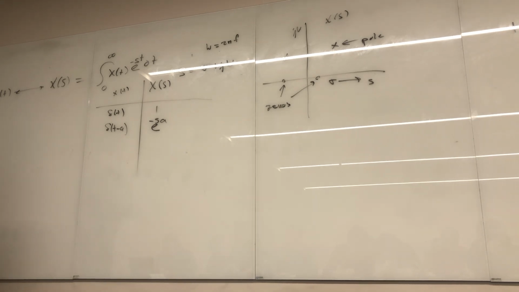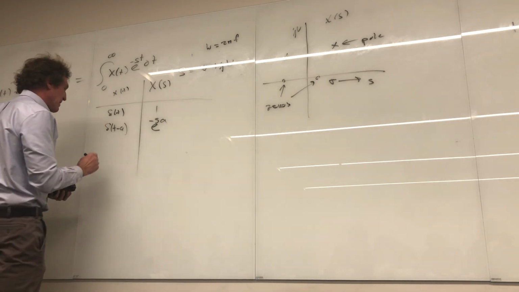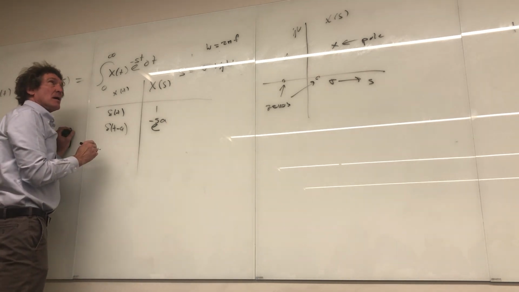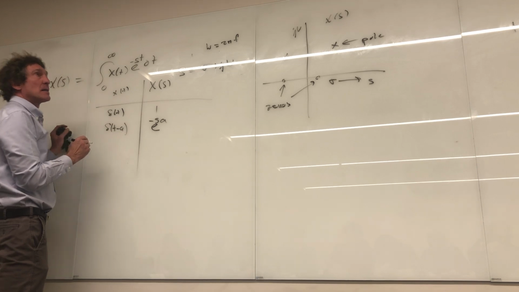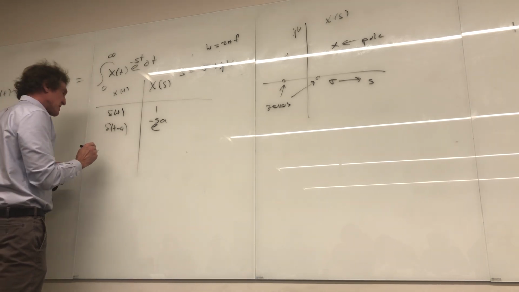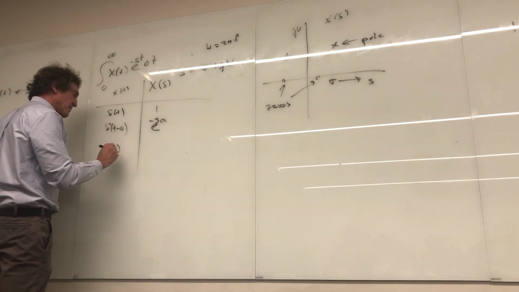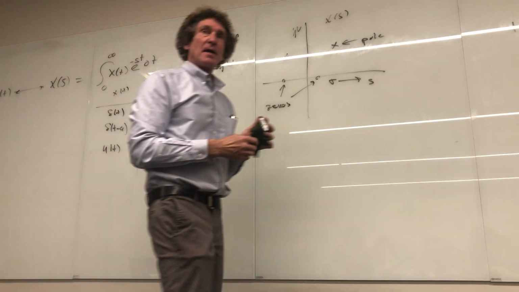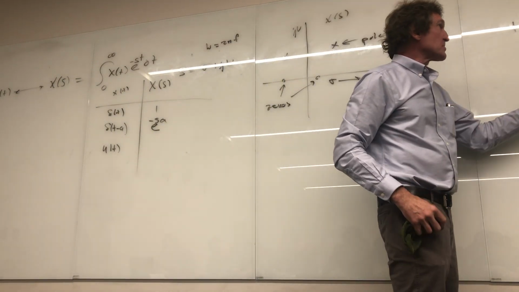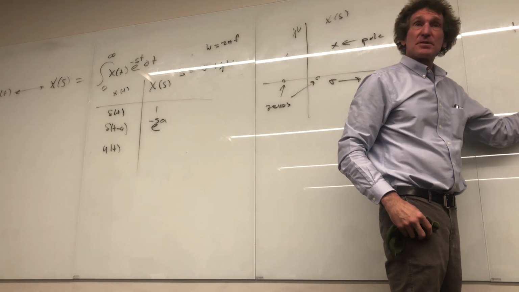All right, next function. Let's try u of t next. Well, what's the transform of that? I'm going to erase this and put u of t in here.